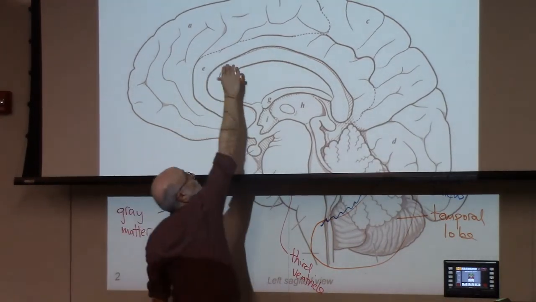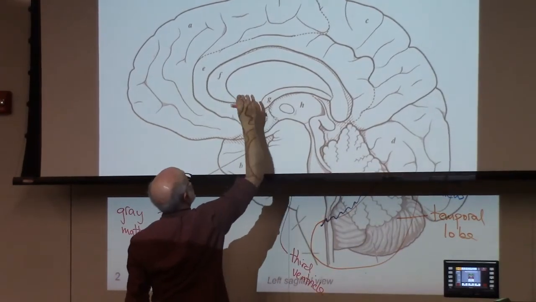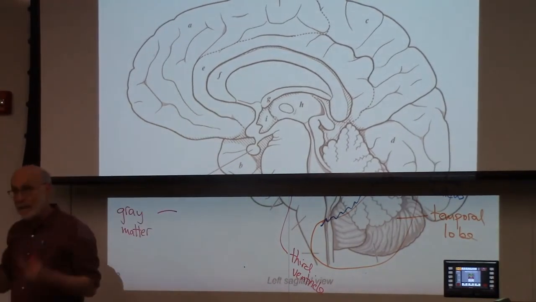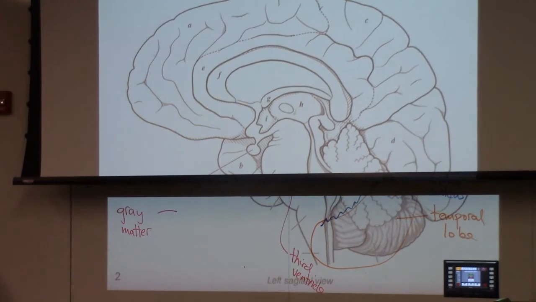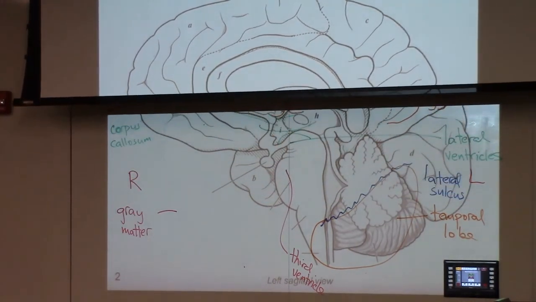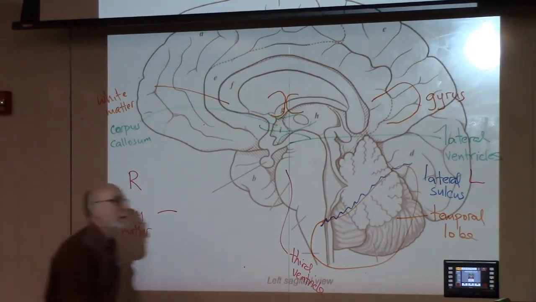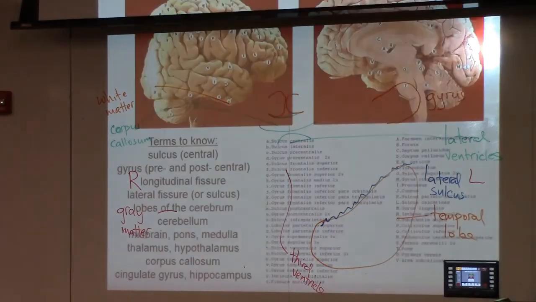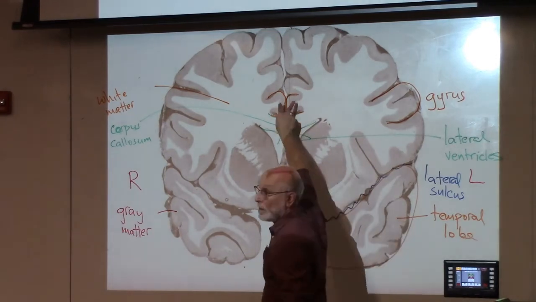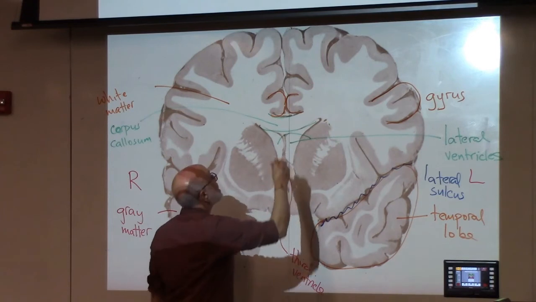Above the lateral ventricle, corpus callosum, there is a gyrus. It has a name, and I told you the name of it, and now we are looking at it in cross-section. What's the name of it? Cingulate gyrus. That is the cingulate gyrus.